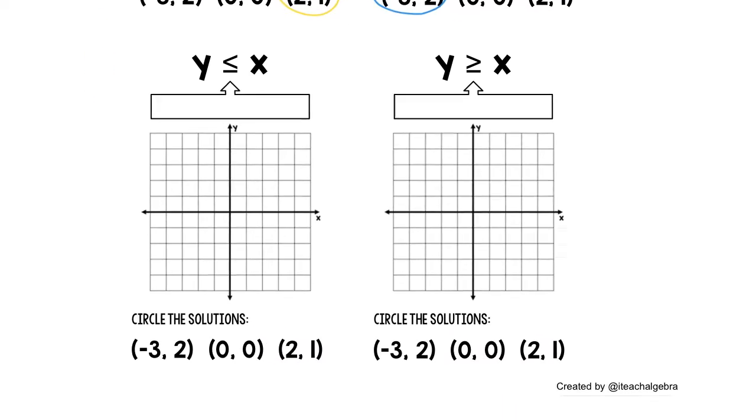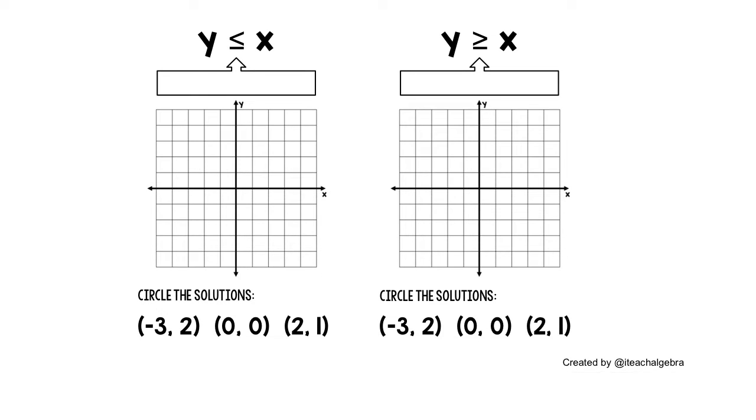Let's look at 2 more possibilities. We could have y is less than or equal to, or y is greater than or equal to. On a number line, these are closed.